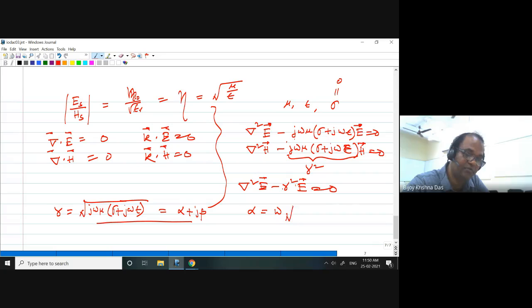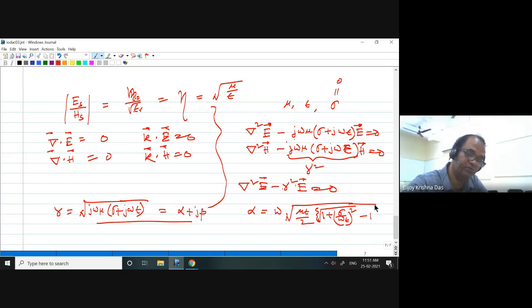So omega times square root of mu epsilon by 2, and then square root of 1 plus sigma over omega epsilon square, minus 1. That is your alpha value.